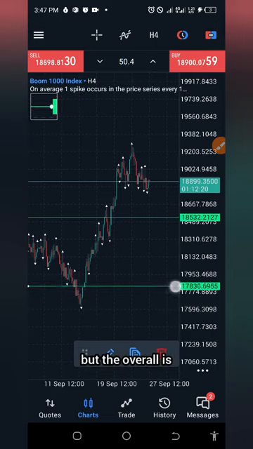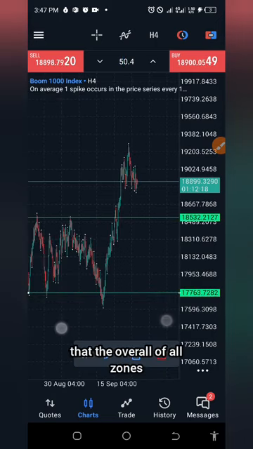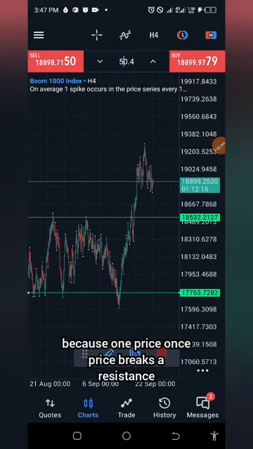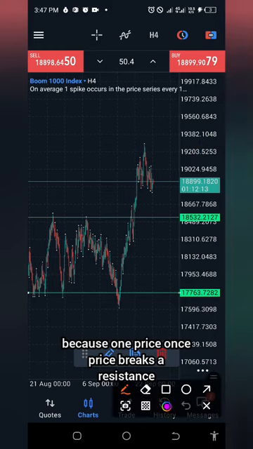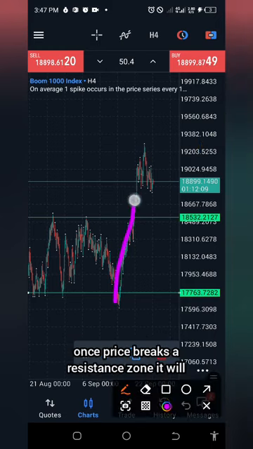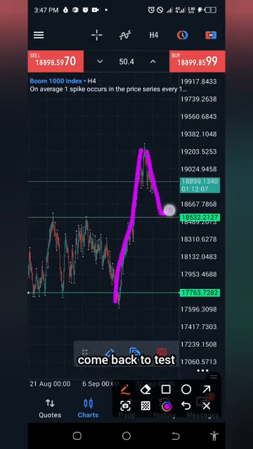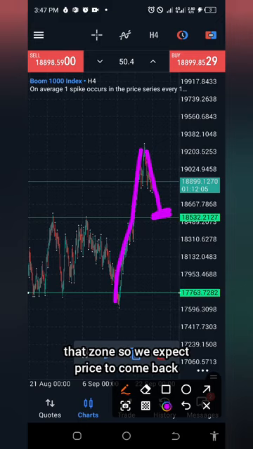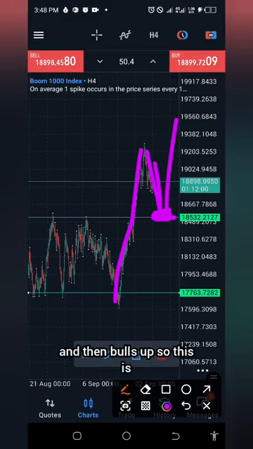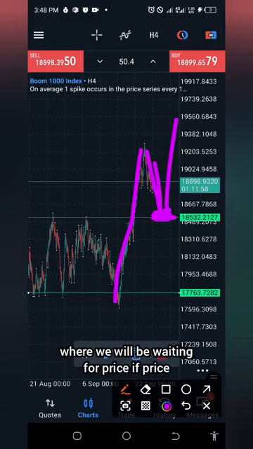But the overall of all zones, because once price breaks a resistance zone, it will come back to test that zone. So we expect price to come back and test this zone and then pull up. Okay. So this is where we'll be waiting for price.